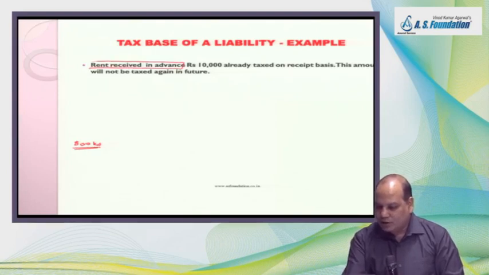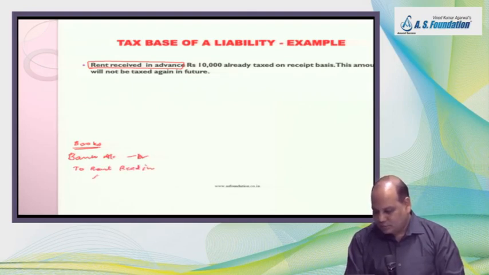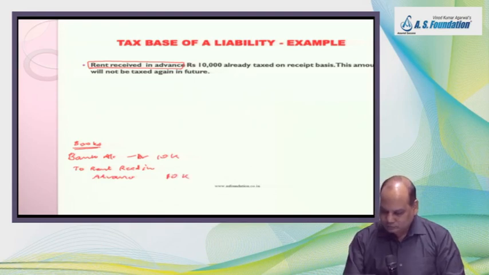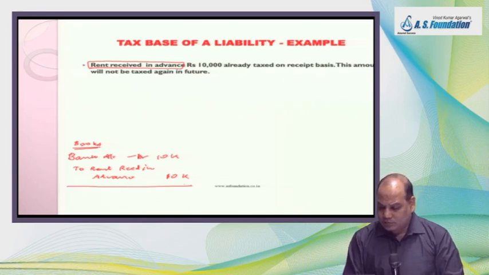Entry for rent received in advance: bank account debit to rent received in advance, 10,000. So is it offered as income in the books of account? Have I shown it as income? No. It is not shown as income in books of account.